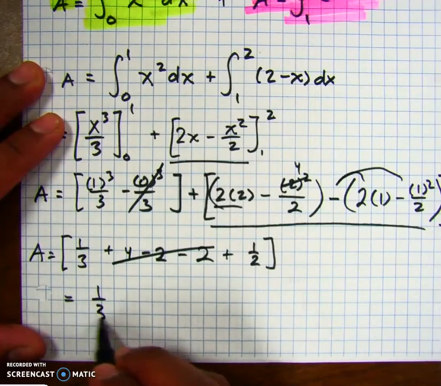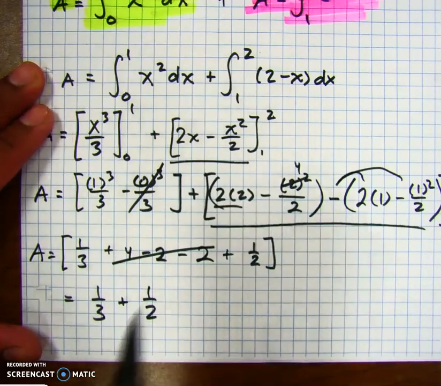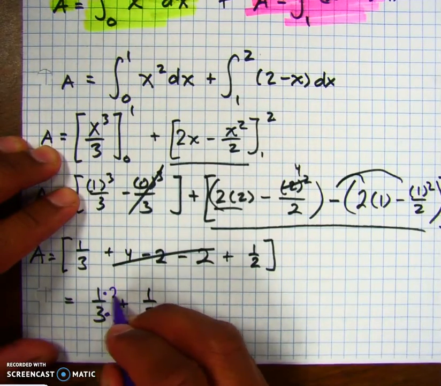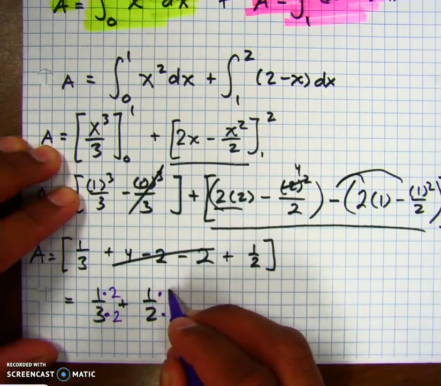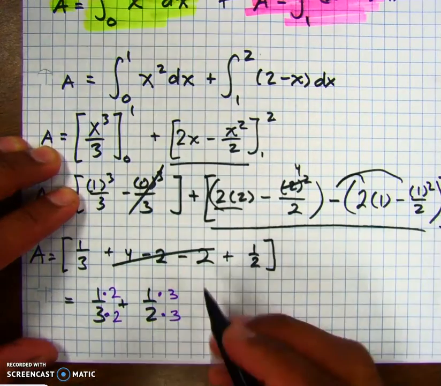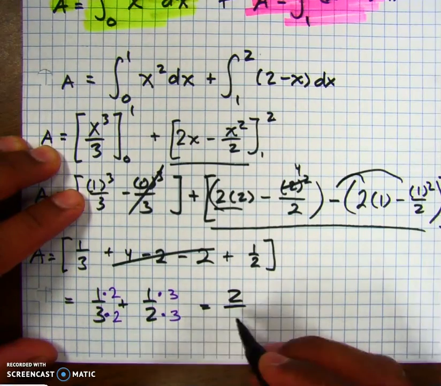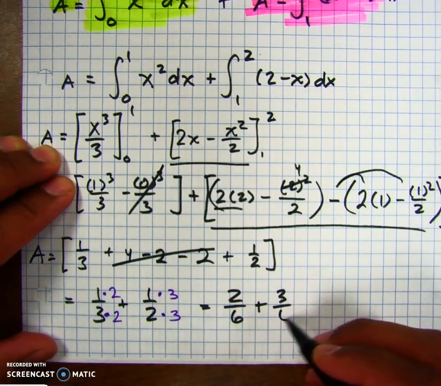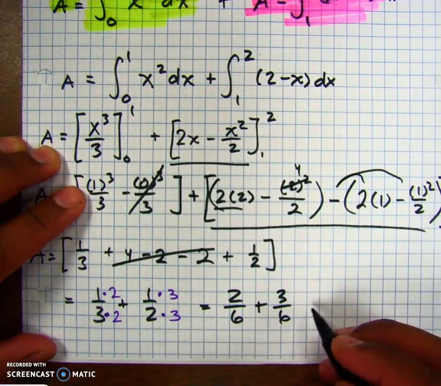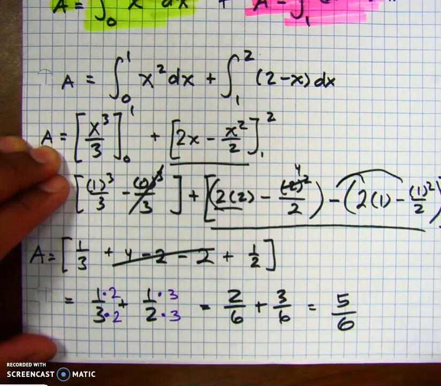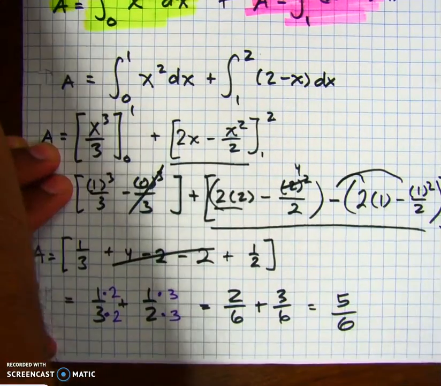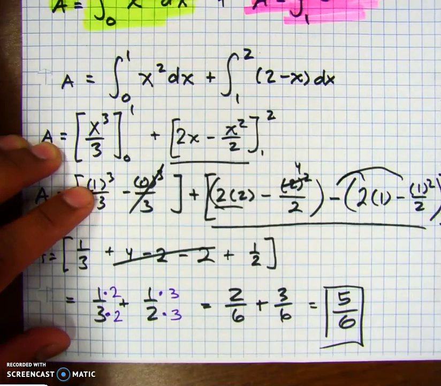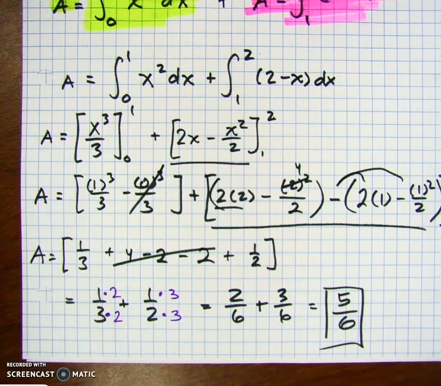And all we do is we have 1/3 plus 1/2. We need to multiply by 2 top and bottom, multiply by 3 top and bottom, so that we can get common denominators and get 2 over 6 plus 3 over 6, which is 5 over 6. Okay, and that's how you get that answer.